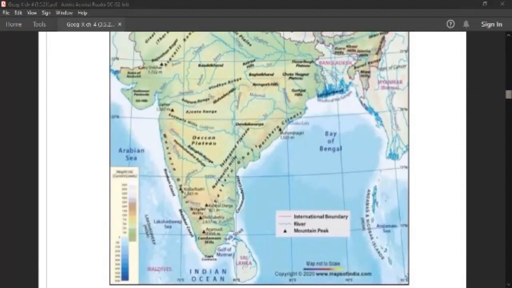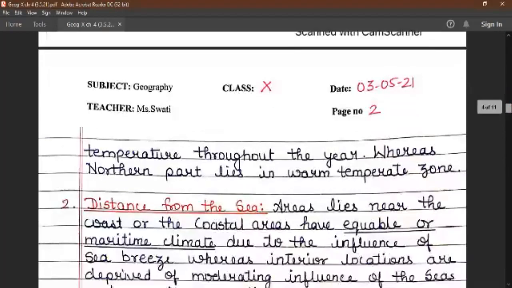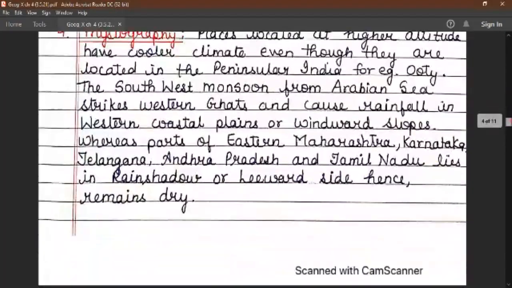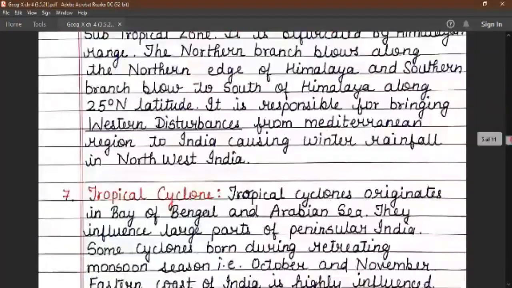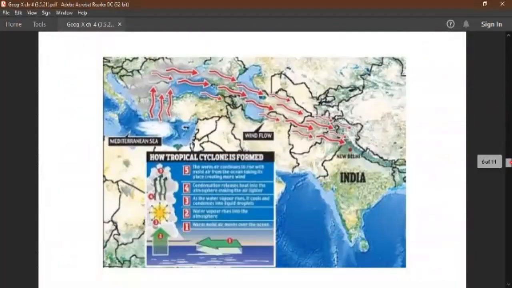Now, the next factor is upper air circulation or the jet streams. Westerly jet streams blow during winters over the subtropical zones. It is bifurcated by the Himalayan range.